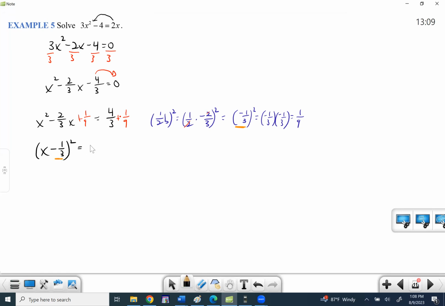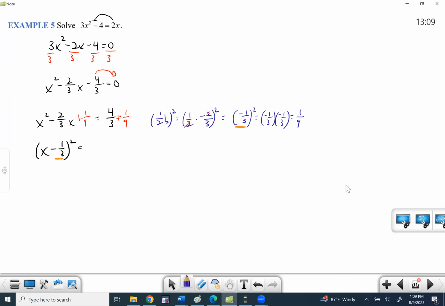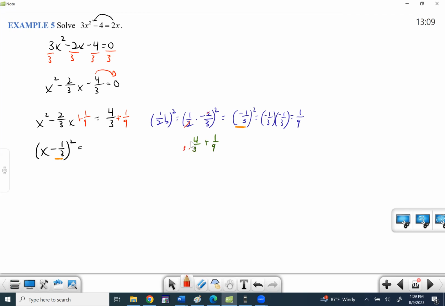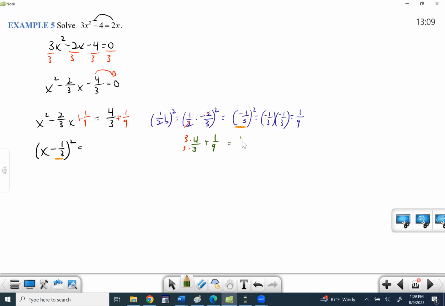And then we're going to have to do 4/3 plus 1/9. Let's do it in green. So we would have to multiply by 3 this time to get a common denominator. So that's going to be 12/9 plus 1/9, 13/9 it is.